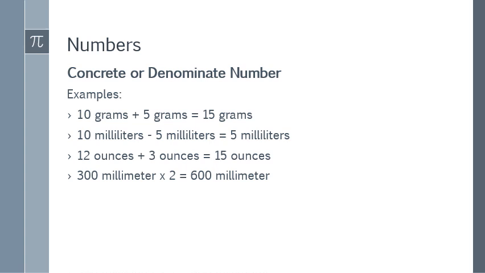And here we are multiplying the length of a material, not the area of the material. So we want to obtain the same unit of measurement, so the second value with which we are multiplying should be a pure number, not a concrete or denominate number.